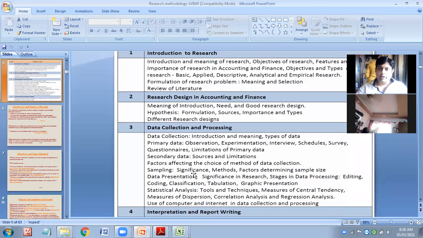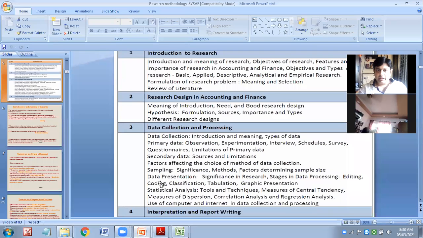How it needs to be presented, what are the significant, what are the different stages of presenting the data, what is editing, what is coding, what is classification, what is tabulation, what is graphical presentation, what is tabular presentation, so on and so forth.